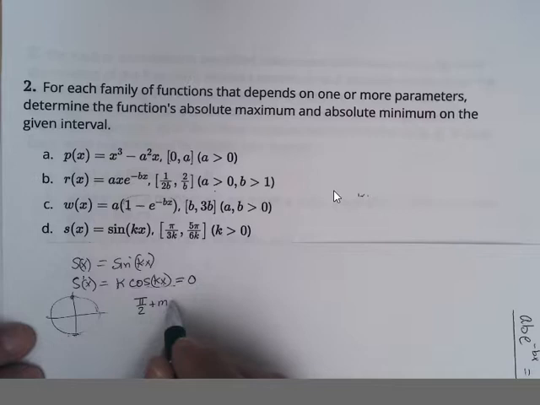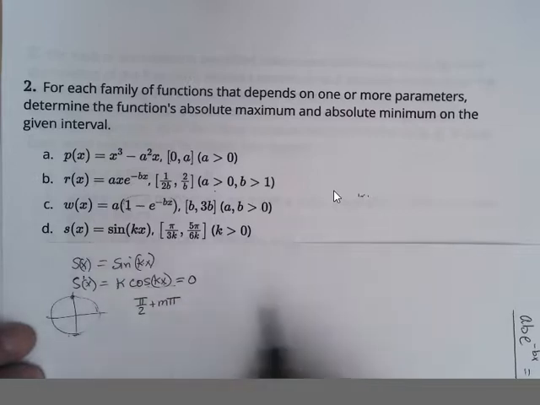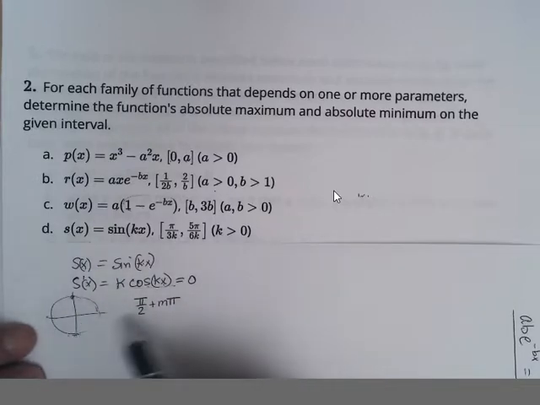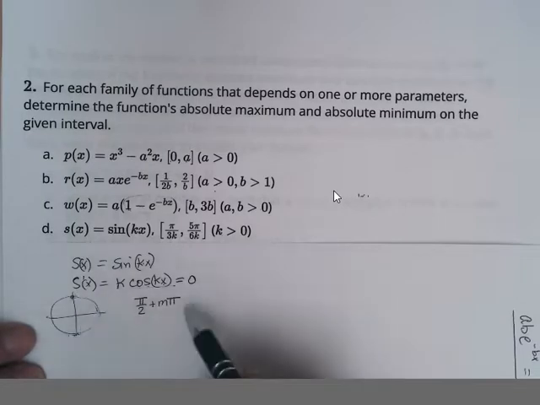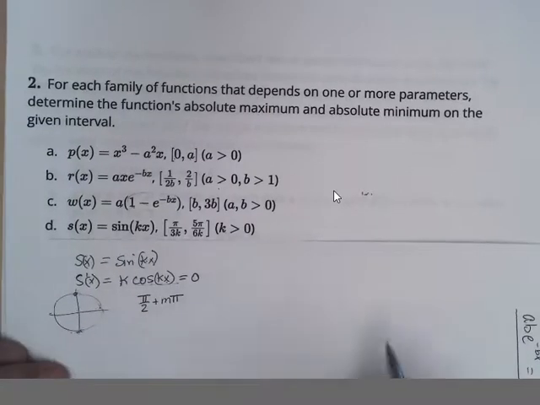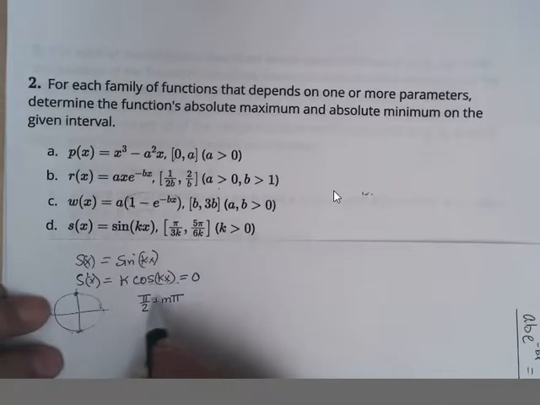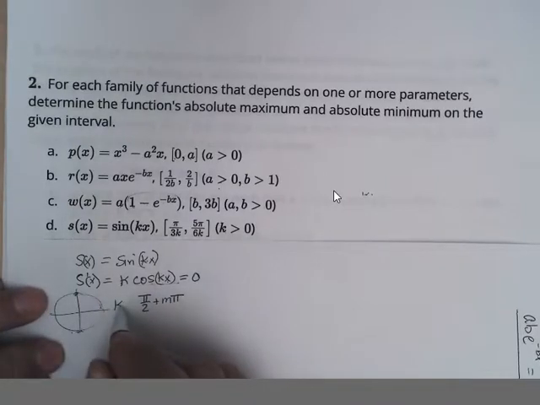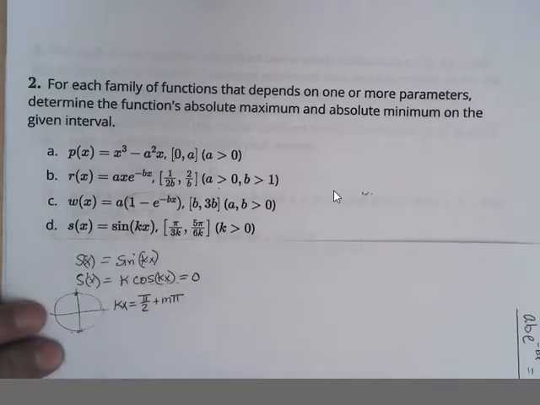Pi over 2 plus multiples of pi, going forward or backwards from pi over 2 by half a circle, pi radians, we get that. And that is what the kx has to be to get 0 for the derivative.